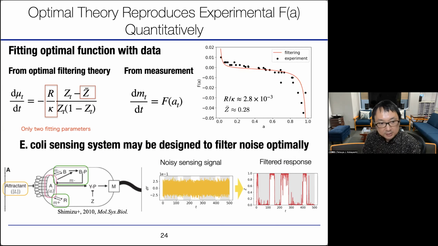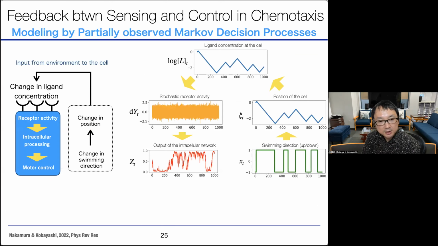However, we are ignoring one important fact, that the E. coli cell can control its own swimming behavior based on the sensory signal. In our modeling, we modeled the switching of swimming direction by a two-state Markov model. So this is independent.